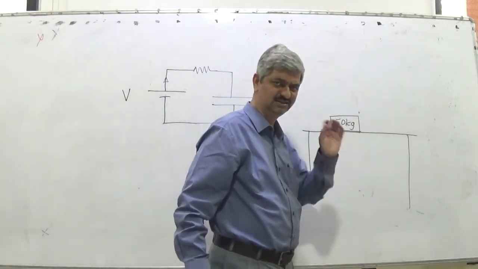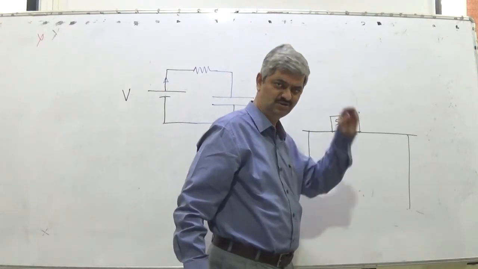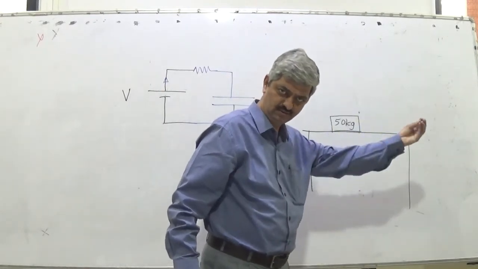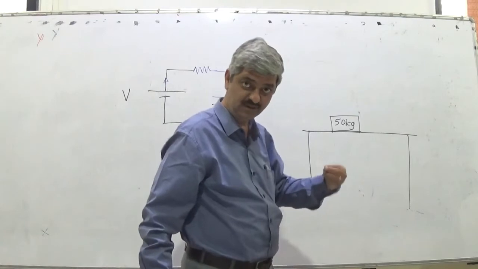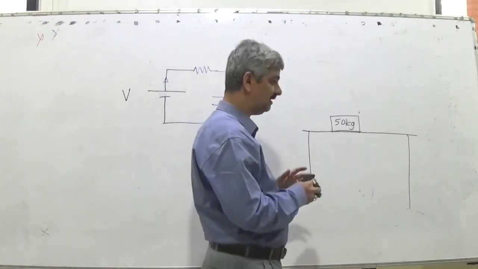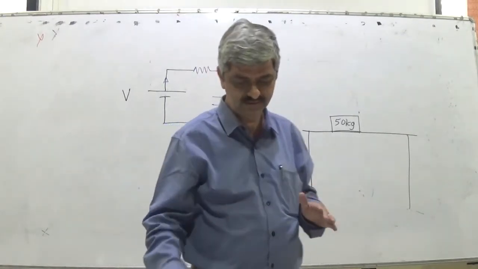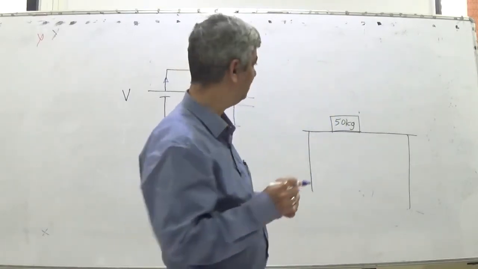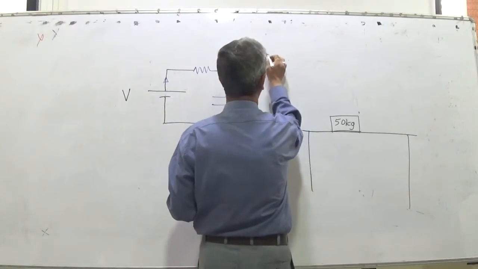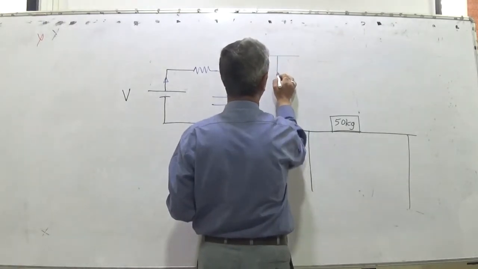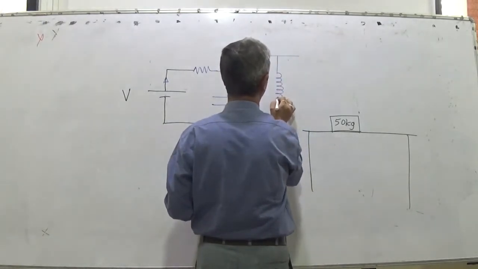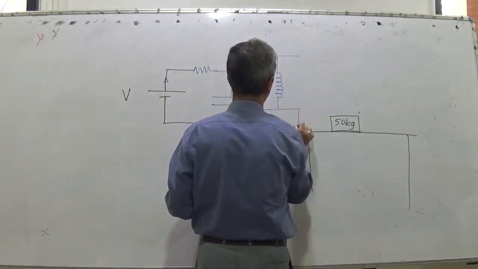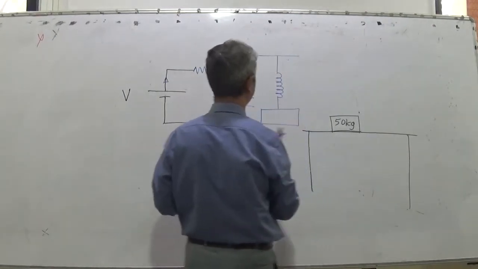The energy is utilized; you are not going to get it back. Whereas, suppose there is a spring, and you have put some load on it in its natural condition.